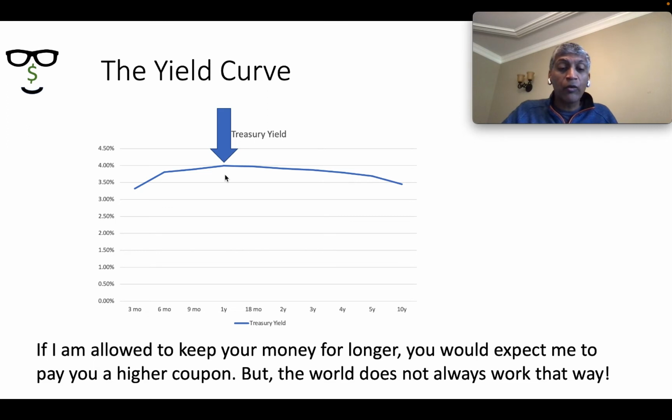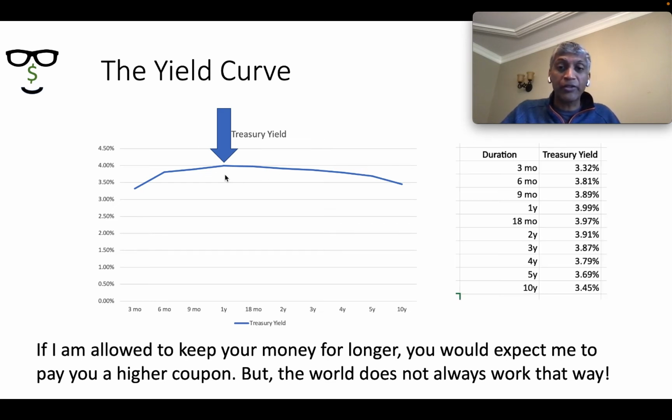The United States government says, hey, if you want to borrow for a greater period of time, I am not going to reward you. Short-term yield is greater than long-term yield, which is a head scratcher, but it happens as a precursor to recessions. So in this scenario, we are seeing that the highest yield is actually at or around the 1 year mark, and past that yield starts dropping.